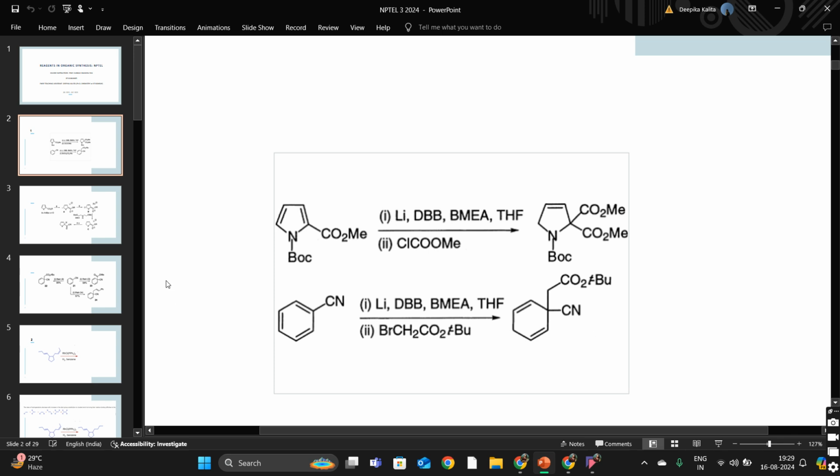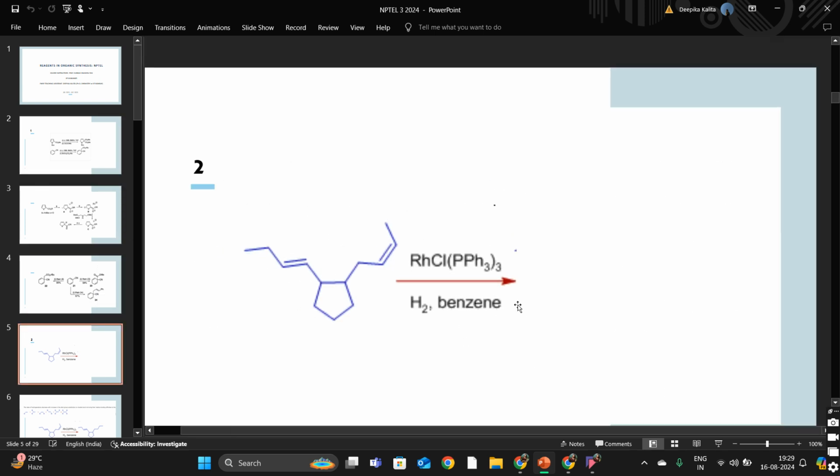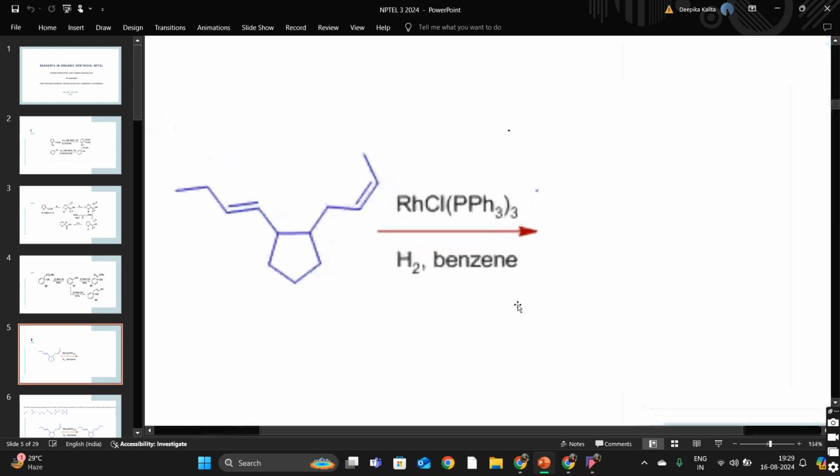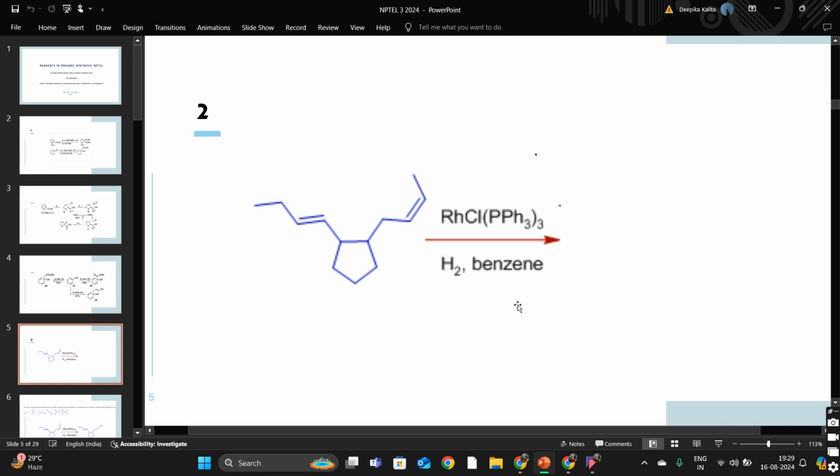So let us move to the next question now. This is question number two. You are given a diene here. You have a cyclopentane ring containing two alkyl chains which have two double bonds. And if you look at the reagent given, you are given a rhodium catalyst along with gaseous hydrogen in benzene solvent.